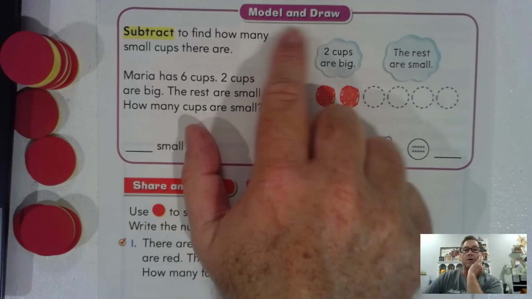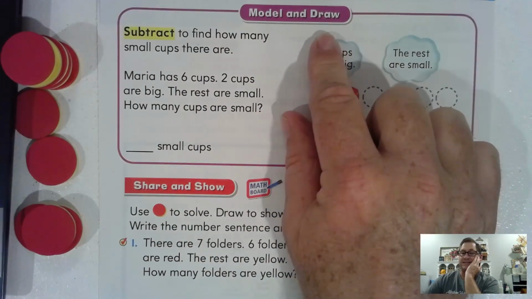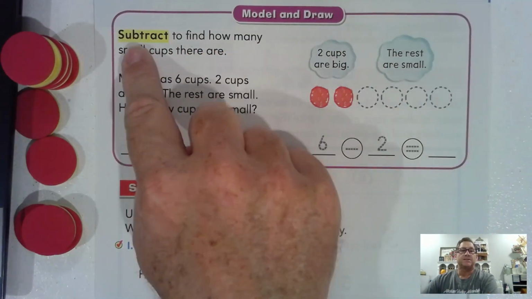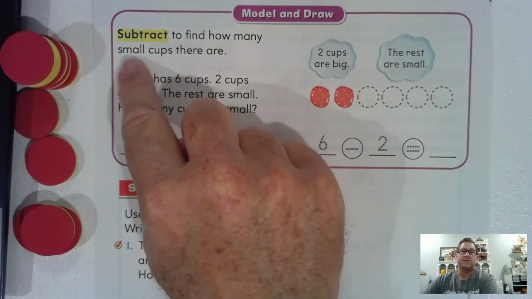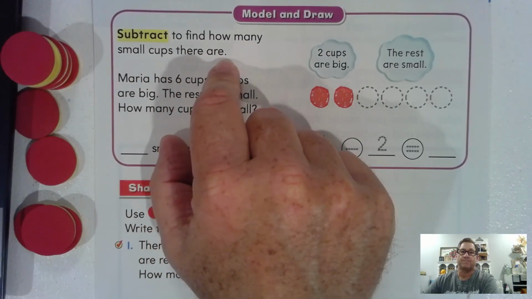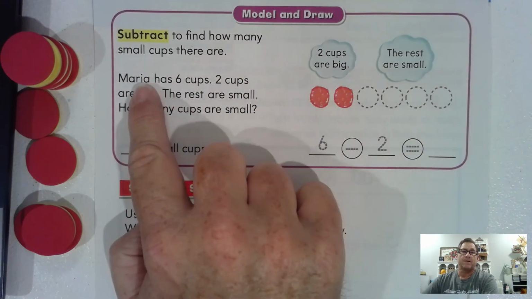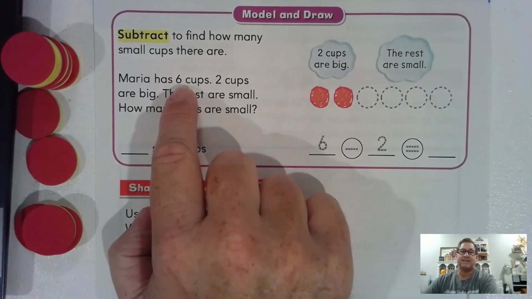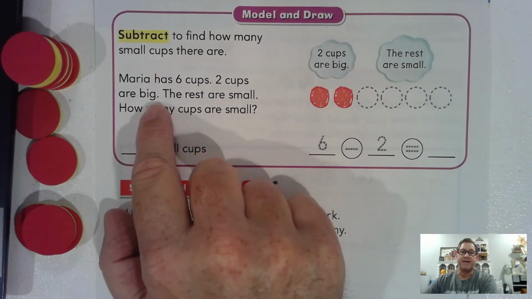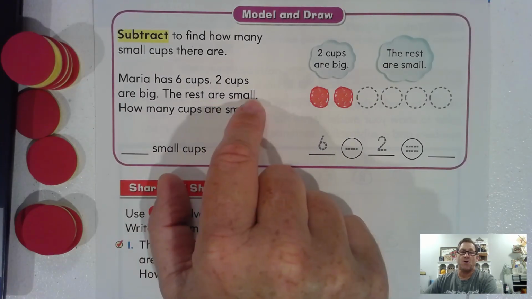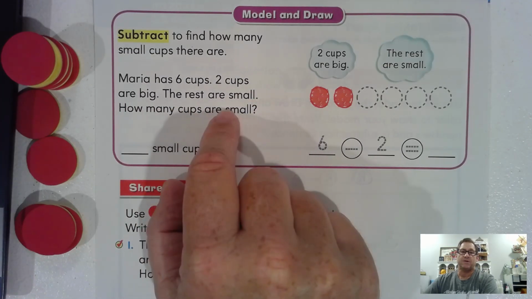Okay, model and draw. Again, page 62. Subtract to find how many small cups there are. Maria has 6 cups. 2 cups are big. The rest are small. How many cups are small?